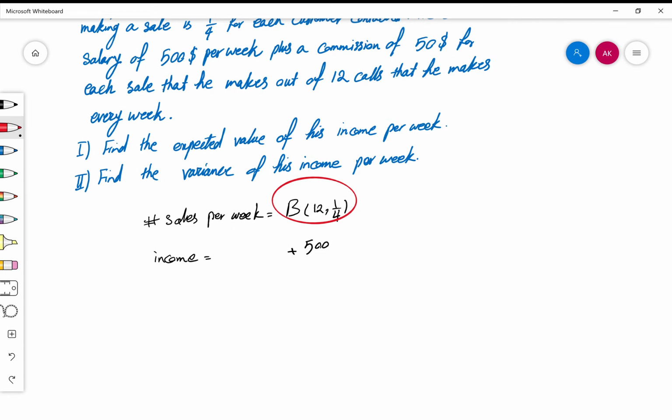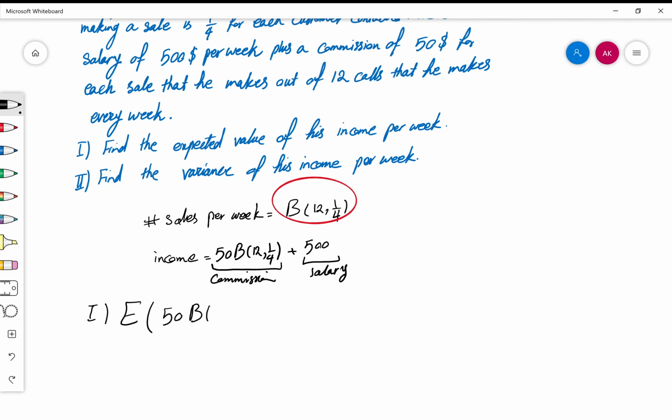So each one is multiplied by 50, that would be the commission part. This is the salary part. So we are trying to find the expected value, the average income, or average of 50 B(12, 1/4) plus 500.